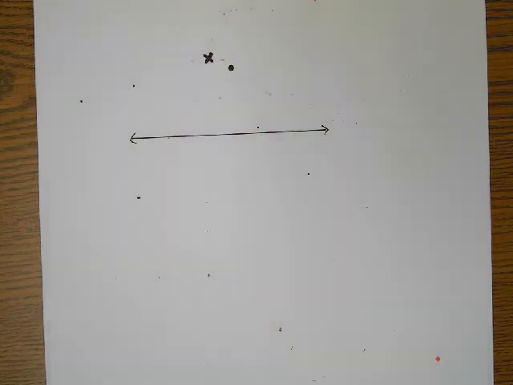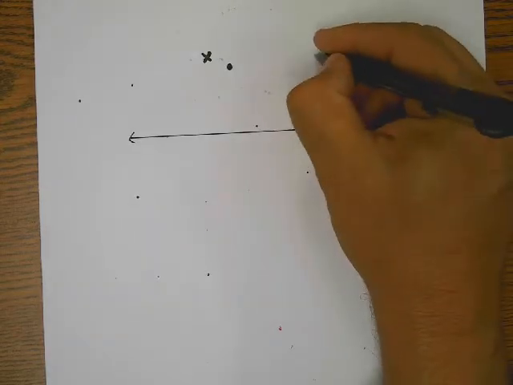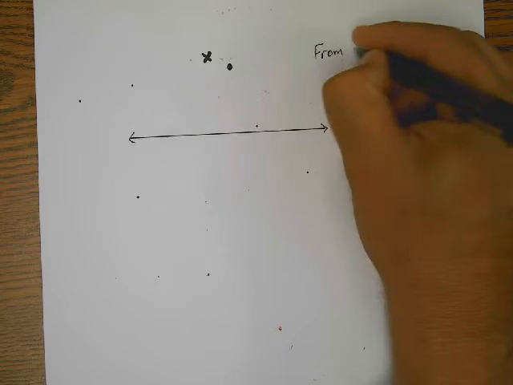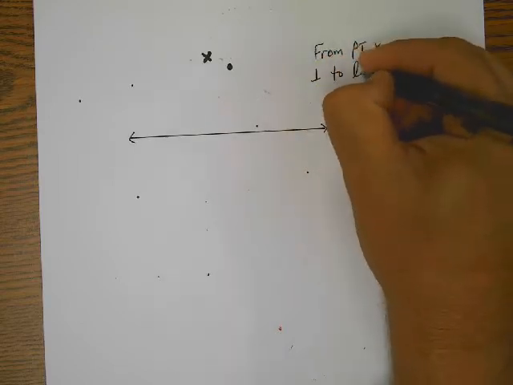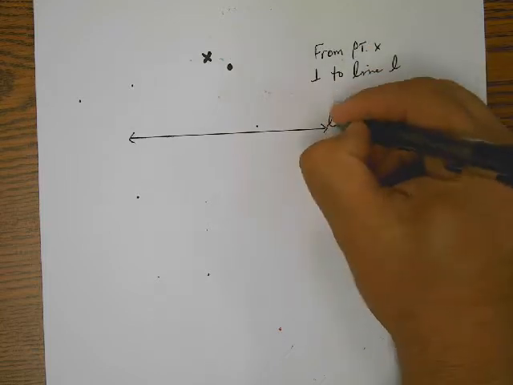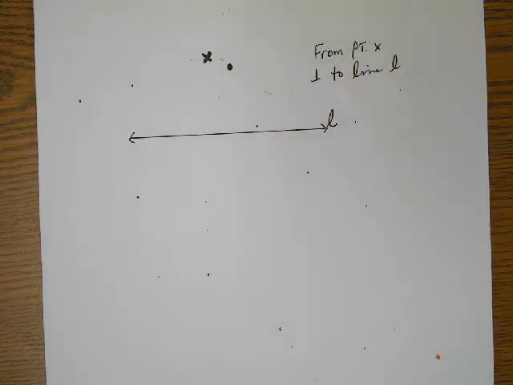I'm going to call that X. So now what I'm going to do is construct from X to line L. We'll call this line L. So we're going to construct from point X perpendicular to line L.